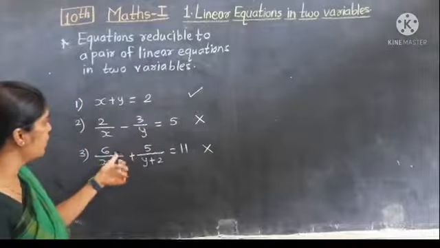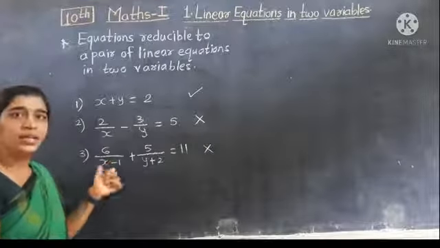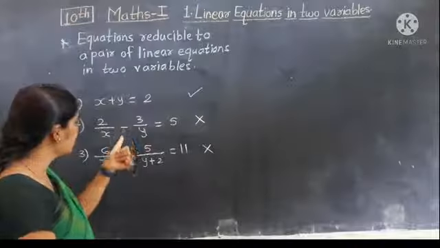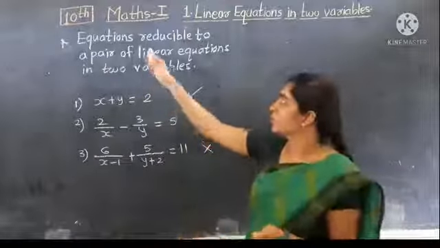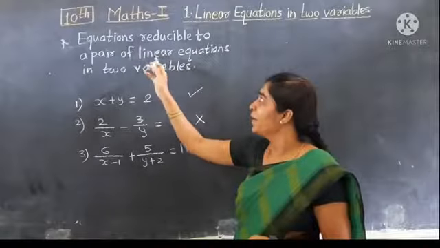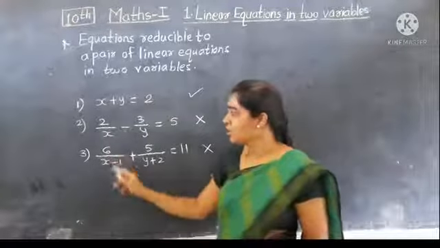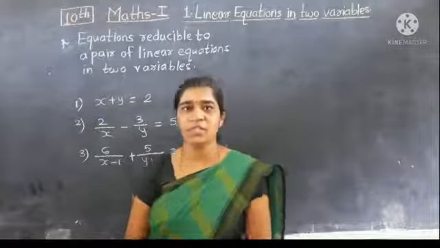So this is a linear equation, but these two are not. So we convert these into linear equations in two variables. These are equations reducible to a pair of linear equations in two variables. How we convert them, we will see in this video.